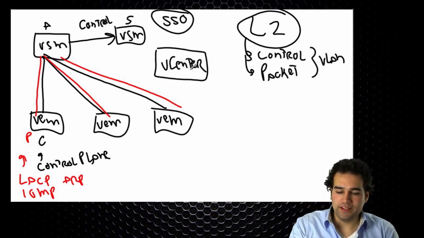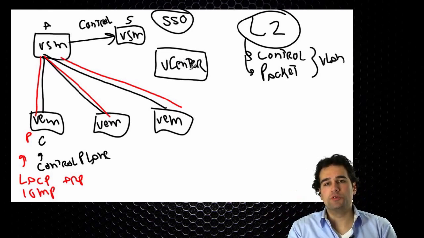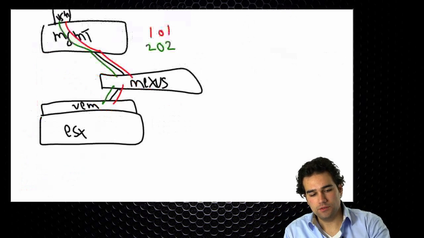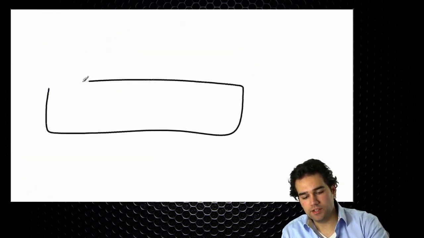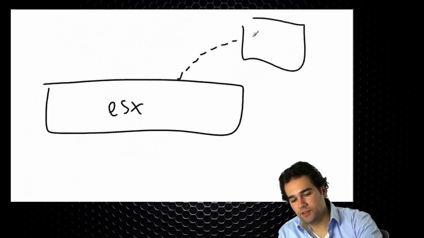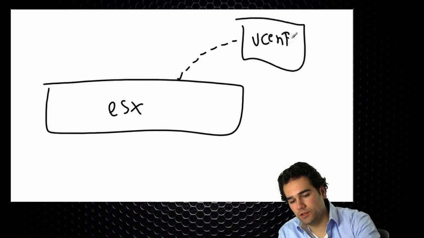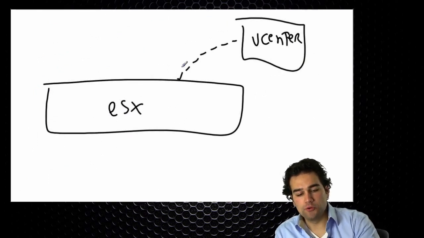Now, I need to say in vCenter to which network this virtual machine belongs. So in vCenter, I have an ESX server that is managed through vCenter. This is just an out-of-band management box. It's going to program the ESX server.